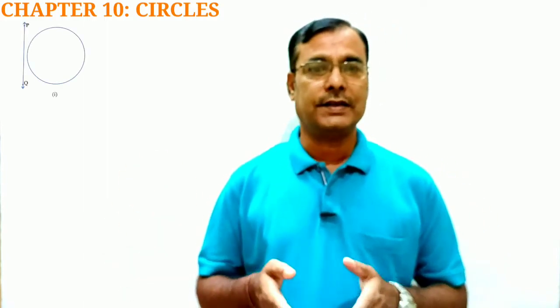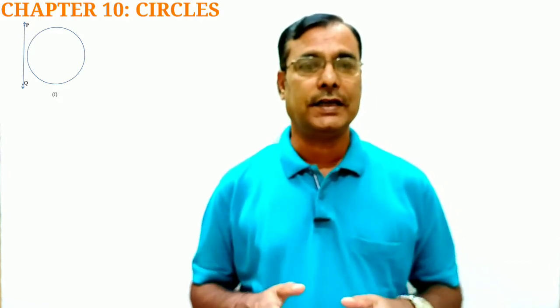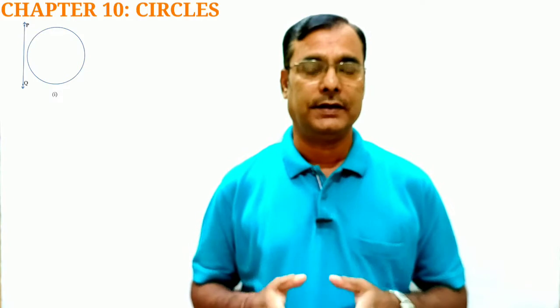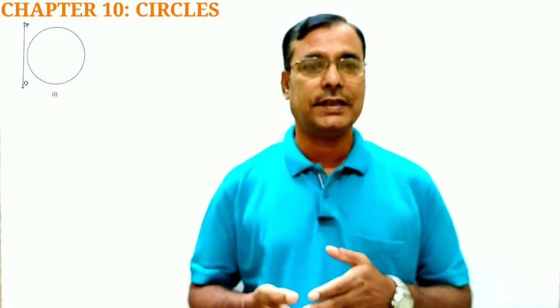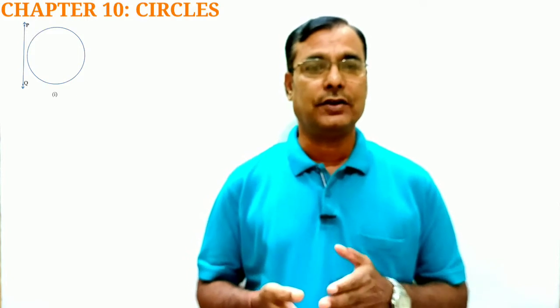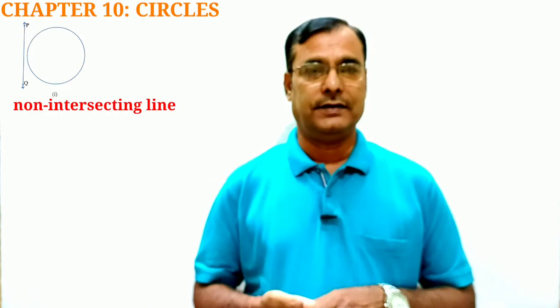In this situation, straight line PQ and the circle do not have any point in common. They are separately lying in the same plane. Such a straight line is called a non-intersecting line with respect to the circle.